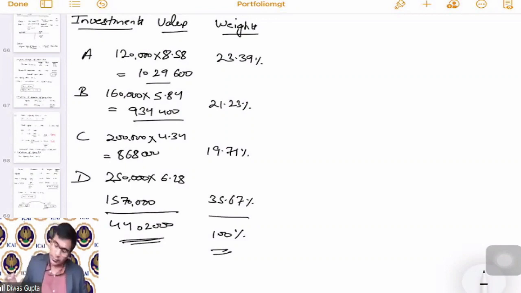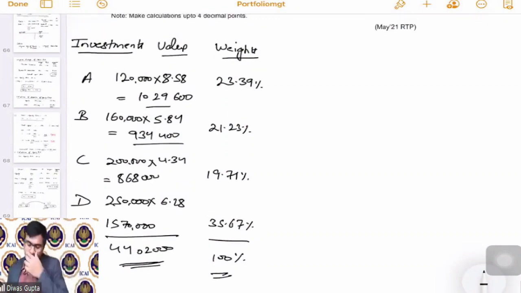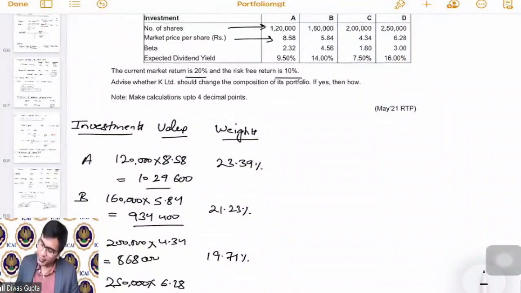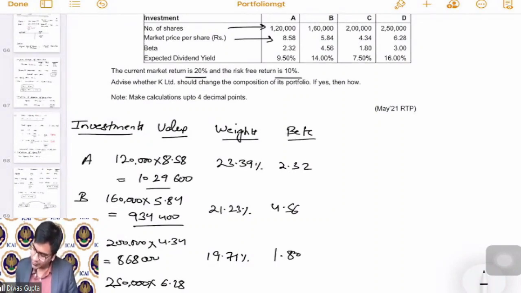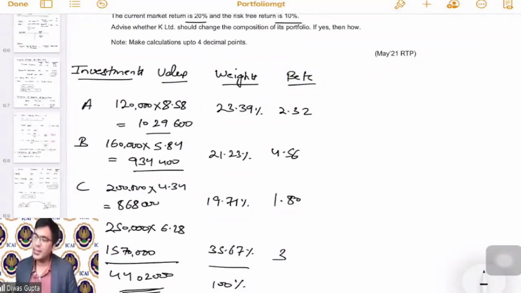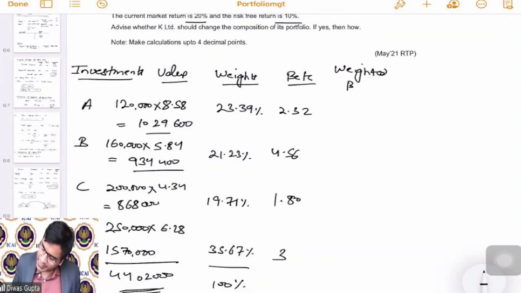Then we are given the betas. Betas are already given in the question: 2.32, 4.56, 1.80, and 3. Then the weighted beta is just the multiplication of beta with the respective weight.